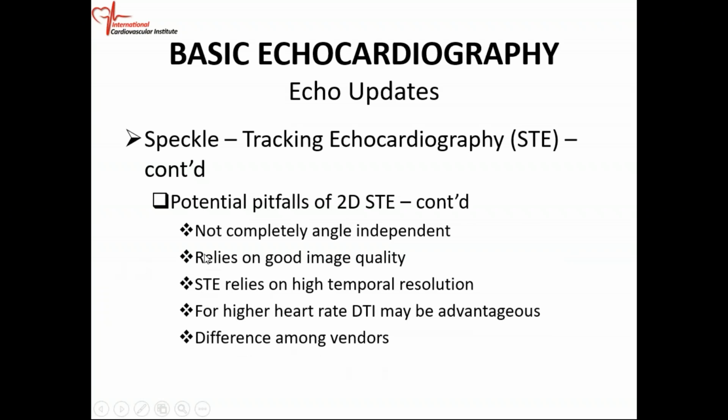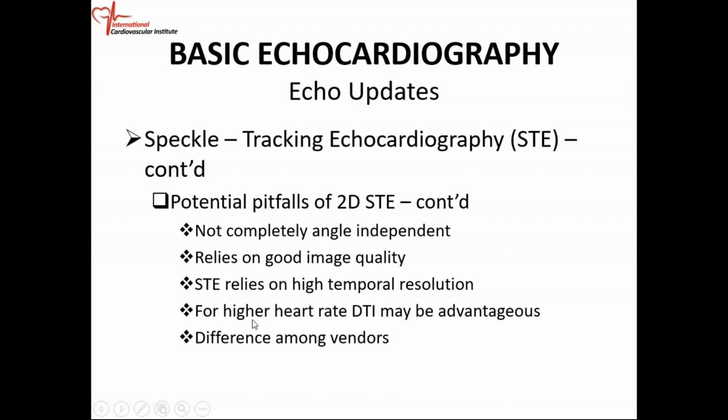Even though we say it's angle independent, it's not completely angle independent, because we have constructive and destructive interference. There's some amount of angle sensitivity there, but the important thing is you need good imaging. You need good quality imaging to use your 2D speckle tracking echo. Again, it relies on high temporal resolution.